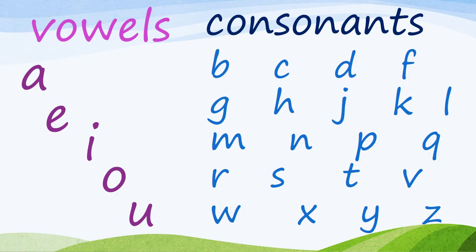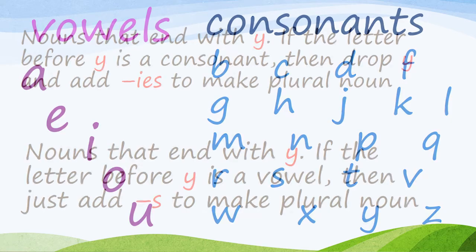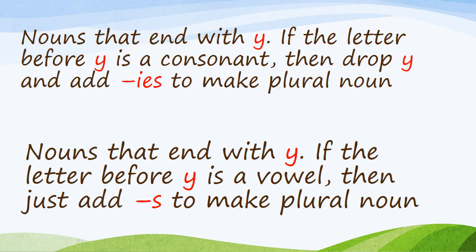So now let's see how we use IES. Noun that ends with Y. If the letter before Y is a consonant, then drop Y and add IES to make the plural noun.